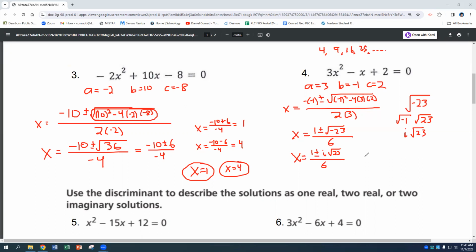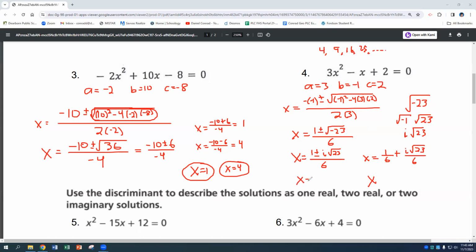So our two solutions here are going to be x equals 1 over 6 plus i times the square root of 23 over 6, because you need to divide both terms by 6.